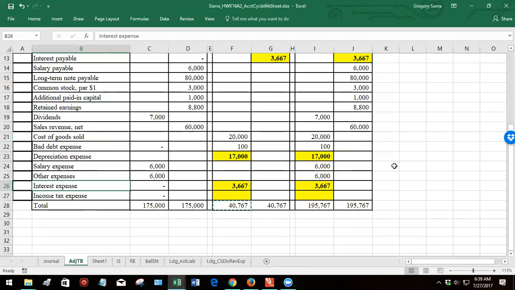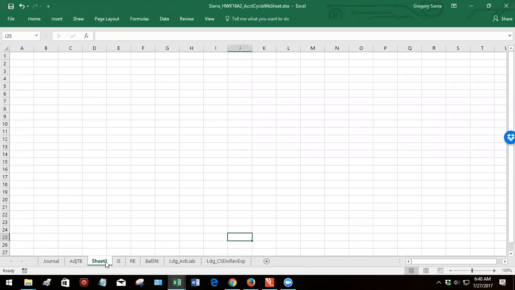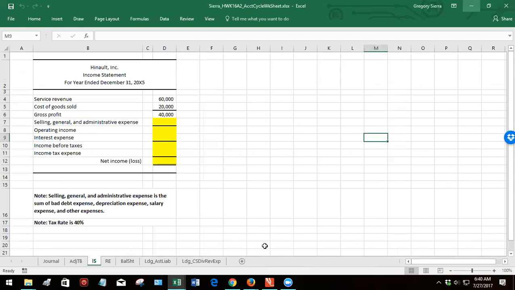In particular, what we need for the income tax expense adjusting journal entry is to take the revenues and expenses other than income tax expense to create the income before taxes. I am not quite sure why this thing is here, so I'm going to delete that.